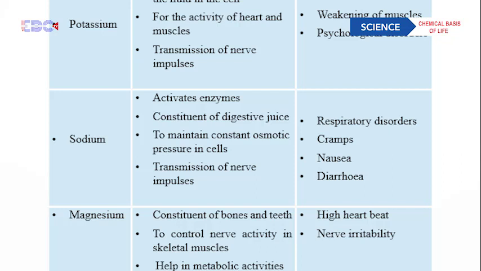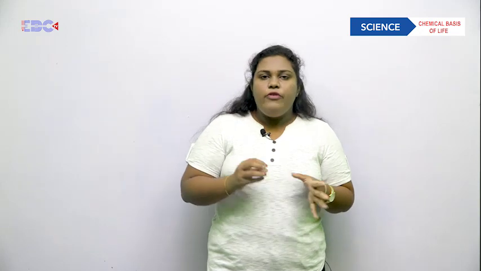Nausea is when you have discomfort in the stomach and you feel like wanting to vomit. So that is the nausea. Then diarrhea. Diarrhea is passing loose stools, right? Frequently, more than your normal, right?